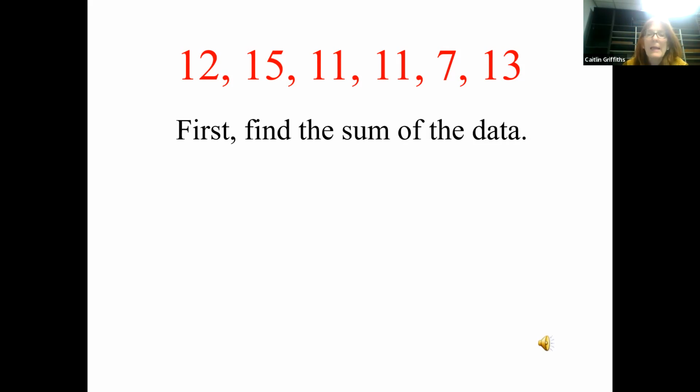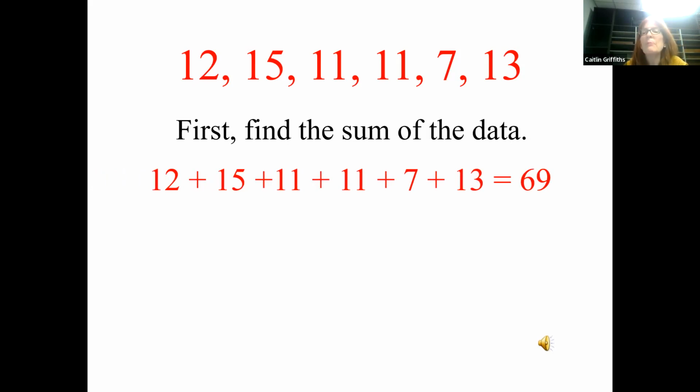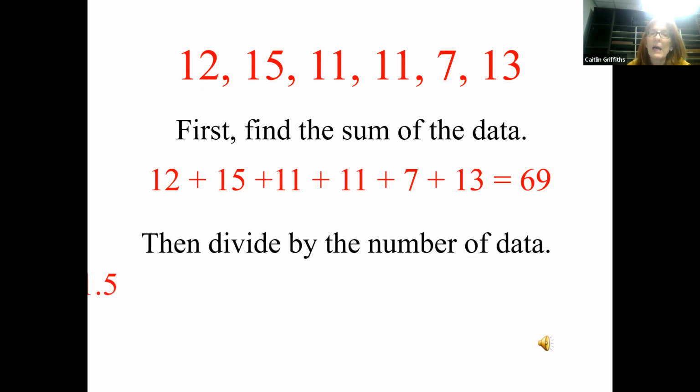The sum is you're adding everything up. So that's the first thing you do. We're adding them all up and we get 69. Then you look to see how many data points you added to get that 69, and we can see that there are 6. So we then divide by the number of data, which is 6, and we get 11.5.